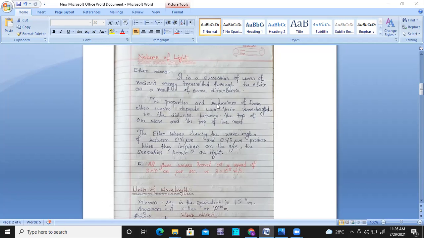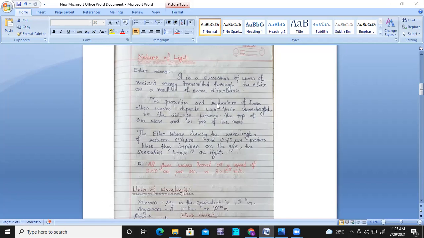And for your information, remember that all these ether waves travel at a speed of 3 into 10 to the power 10 centimeter per second, or 3 into 10 to the power 8 meter per second. This is the light traveling speed, or you can say the velocity.